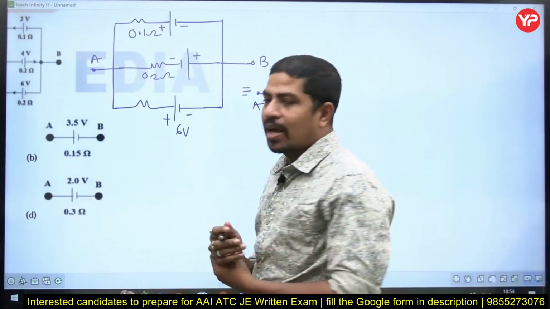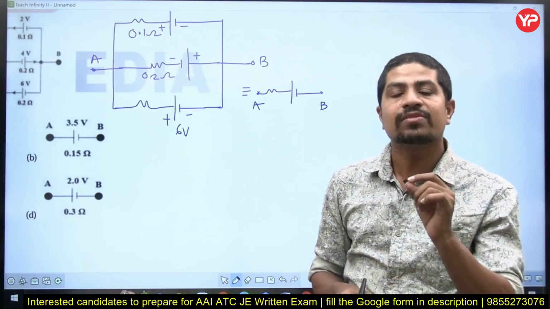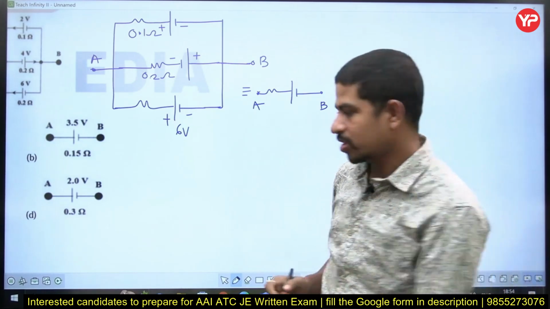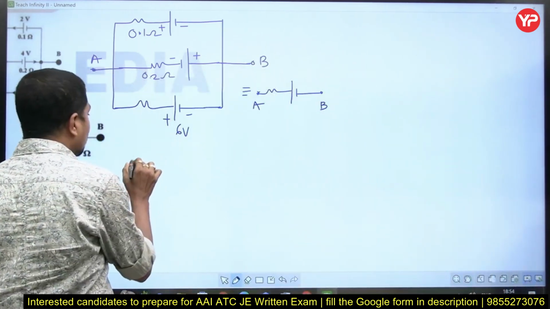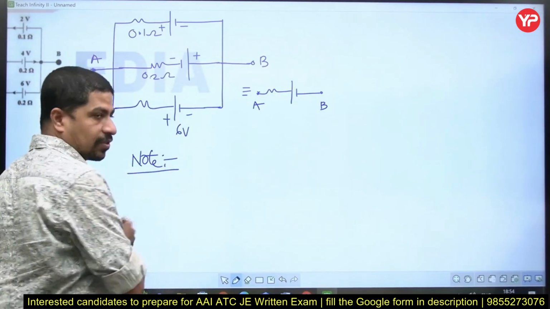Now, one statement we need to learn here: a voltage source in series with resistance will be converted to a current source in parallel with resistance. I am writing a note here. If we know this, problems are going to be quite easy for us.